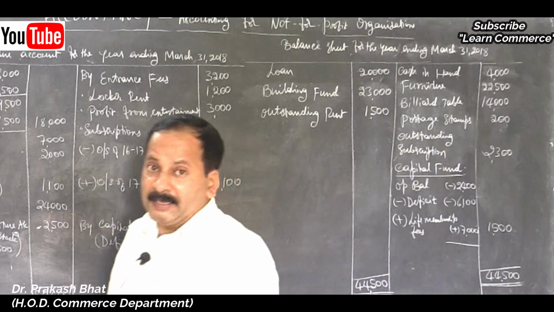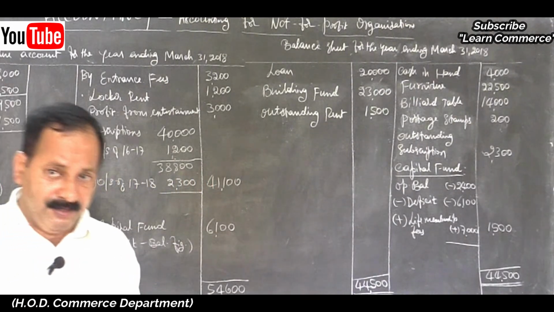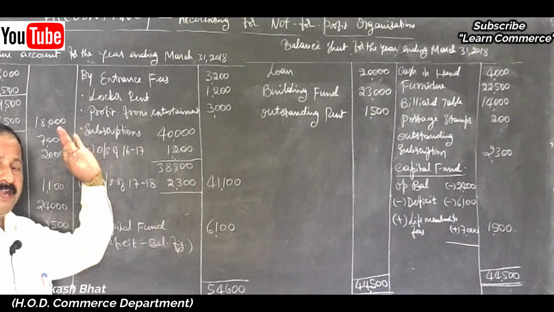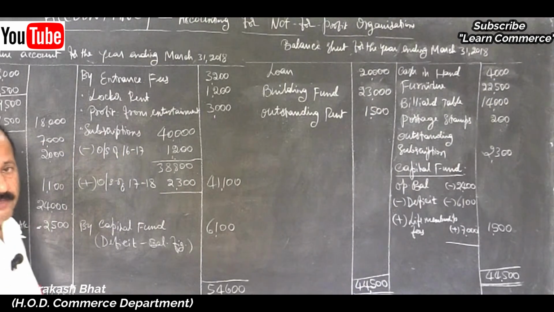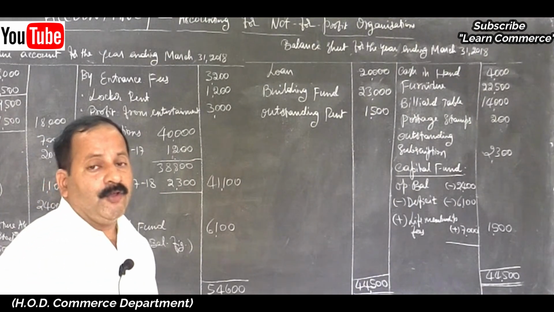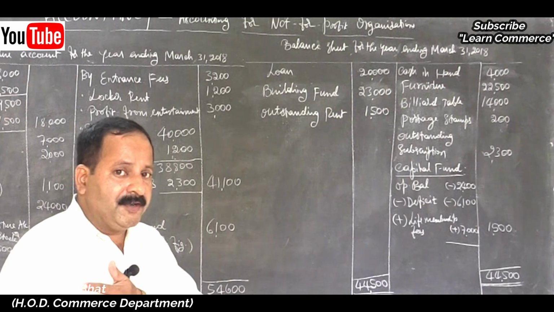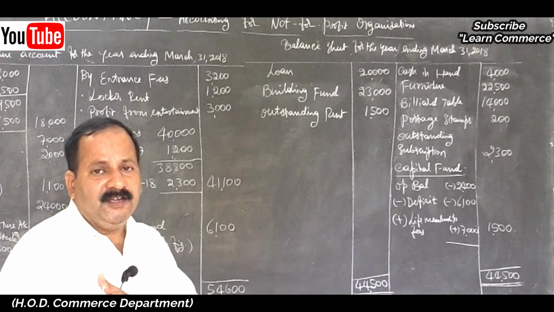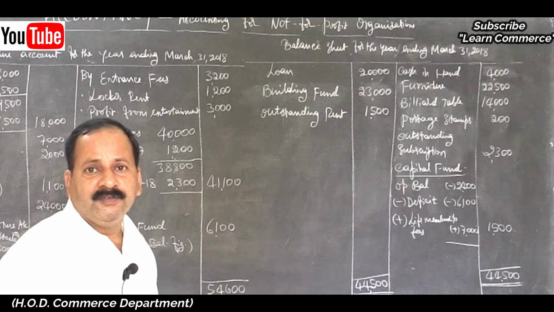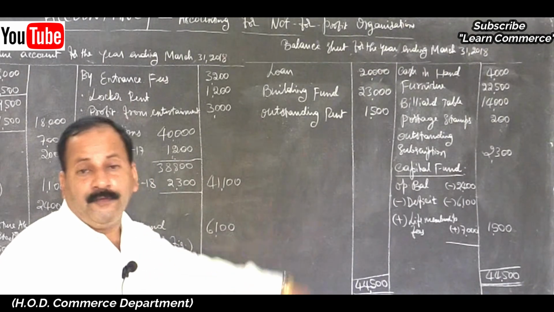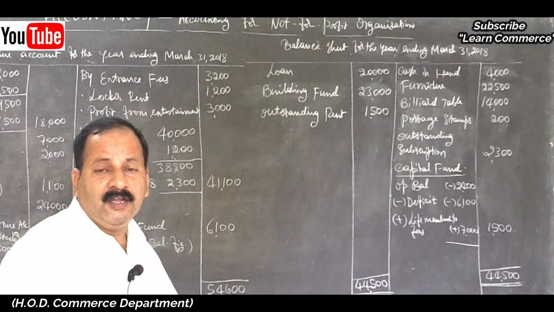Now, bit critical problem. Try to understand it. You got negative figure, that is negative capital fund at the beginning itself. Opening balance sheet, there is a shortage, isn't it? So you have entered the capital fund on the asset side. Then you got deficit during the year. So again, negative figure, deficit. Otherwise, what you will do?